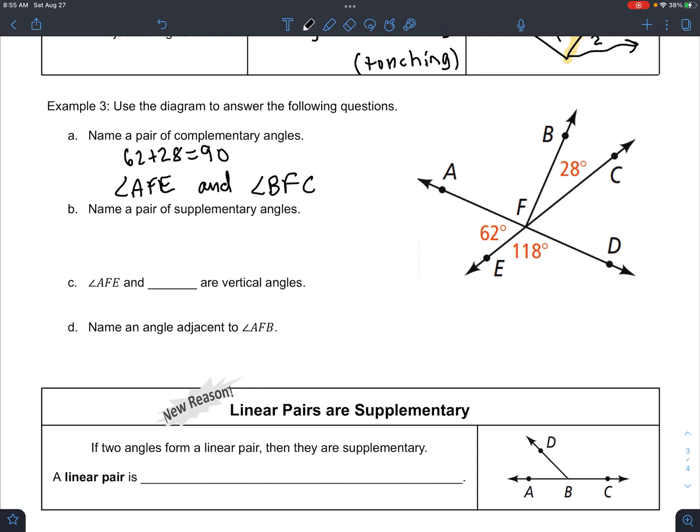And same thing here. Supplementary angles, I noticed that 62 plus 118 is 180. So we could use that same angle AFE and the 118-degree angle EFD.